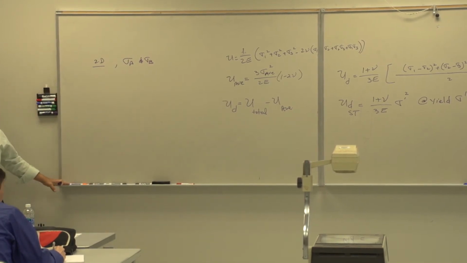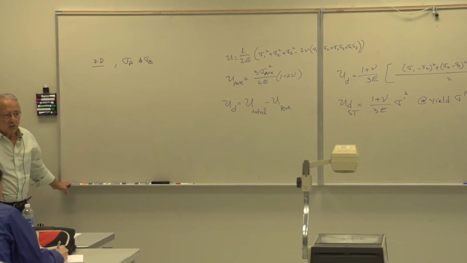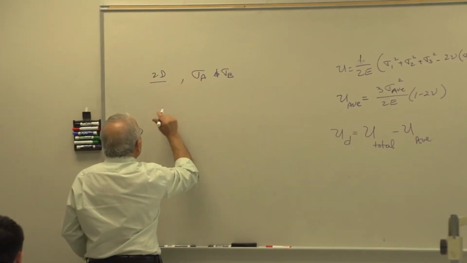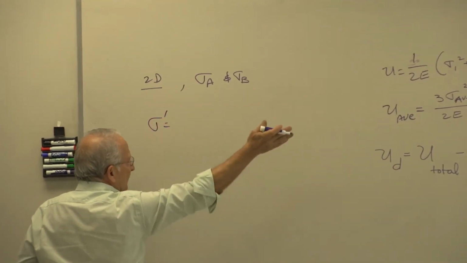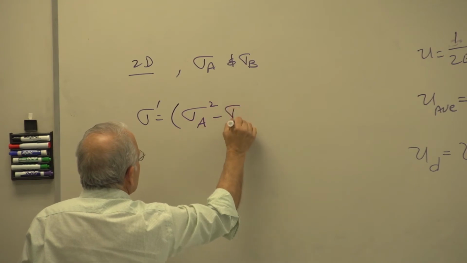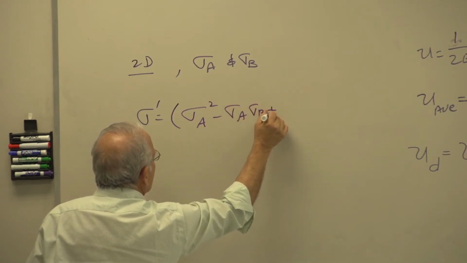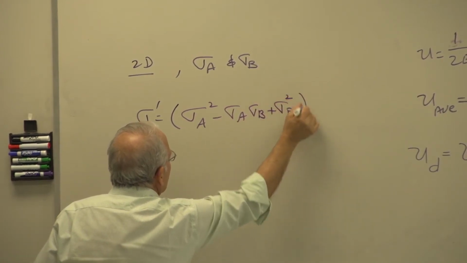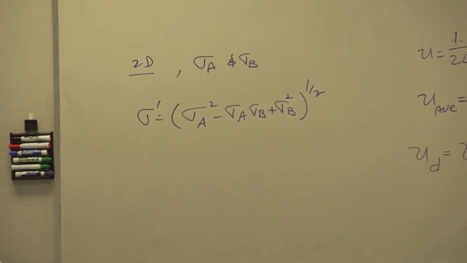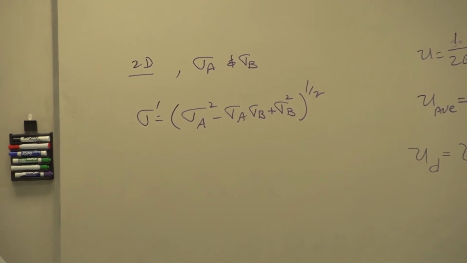And it could be anything. It could be the highest, the lowest, somewhere in the middle. If that's the case, and of course you can prove that by looking at that equation, this is the equation for von Mises stress in two dimensions.